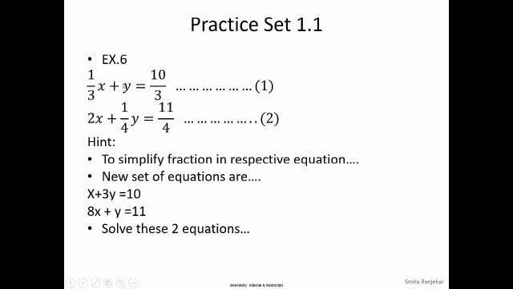To simplify first equation, we need to multiply complete equation by 3. So we will get x plus 3y is equal to 10. In the second equation, we need to multiply equation by 4. So we will get 8x plus y is equal to 11.